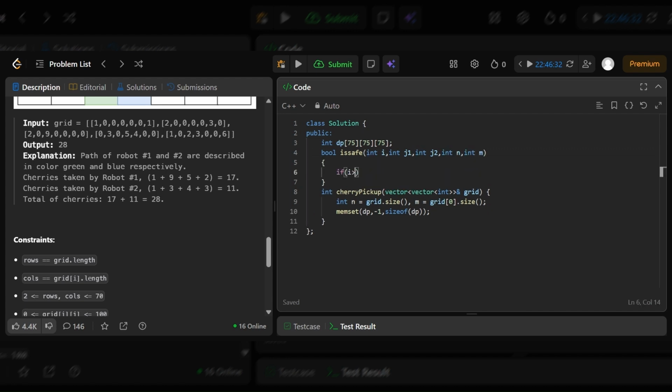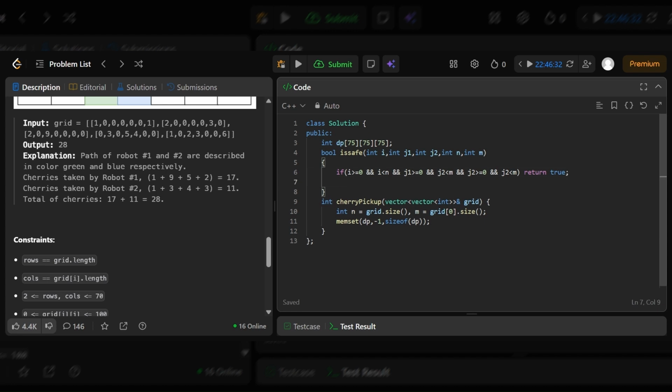So i should be between 0 and n, and j1 and j2 should be between 0 and m. So if this is the case, it will return true. Else return false.